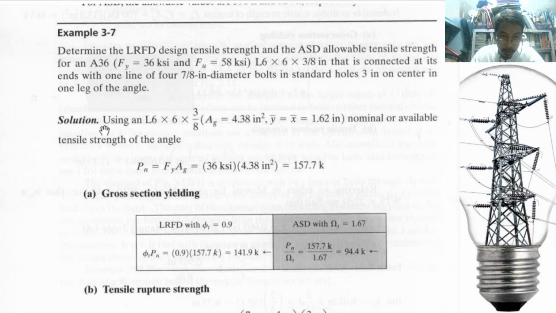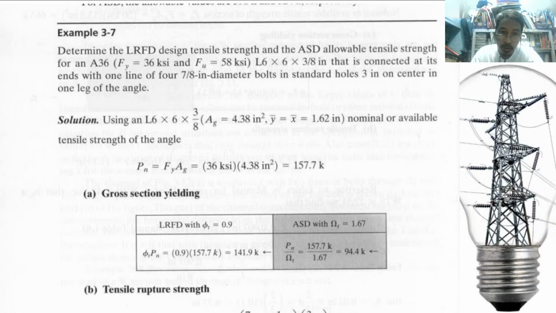We can estimate the FU by using 1.25 to 1.4 multiplied by 36, so we can estimate that to be 50.